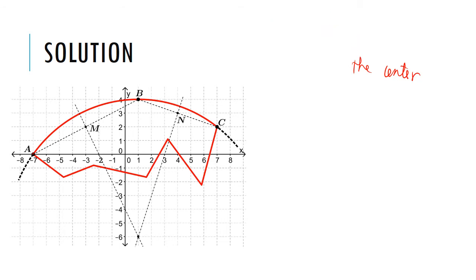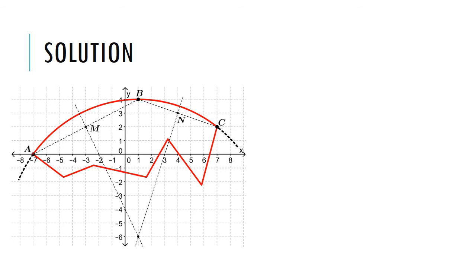From there, since one property of the circle is that the perpendicular bisector of any chord of a circle passes through the center, then we can generate two perpendicular bisectors here.